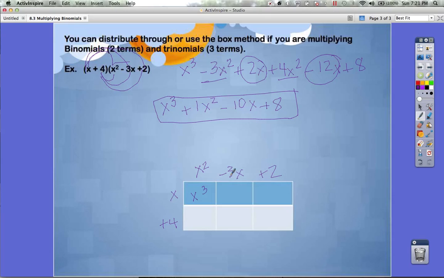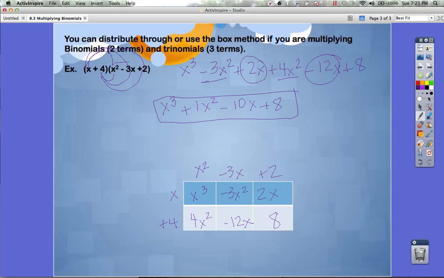X times the negative 3x, which is going to make a negative 3x squared. X times 2, 2x. 4 times x squared is 4x squared. 4 times a negative 3x is negative 12x. And 4 times 2 is 8.